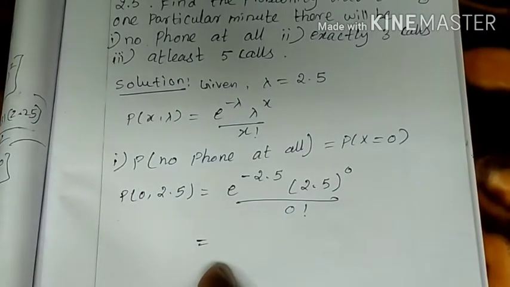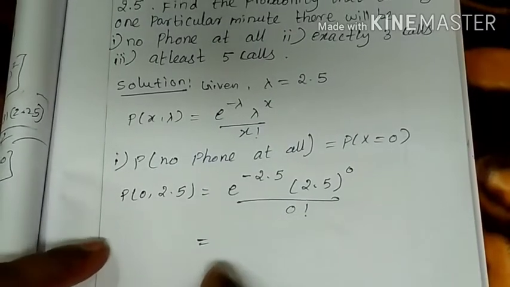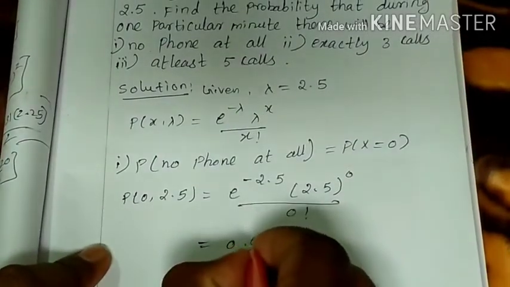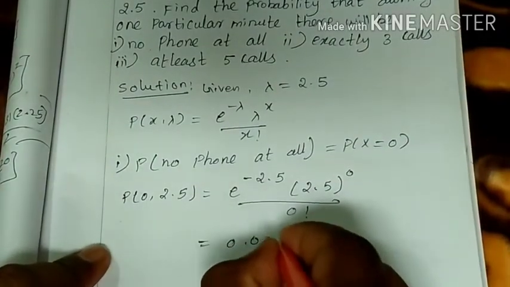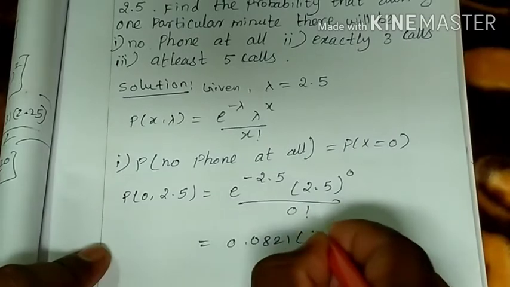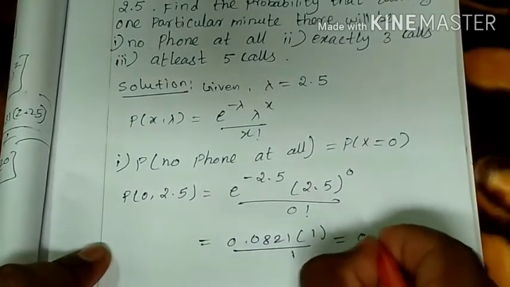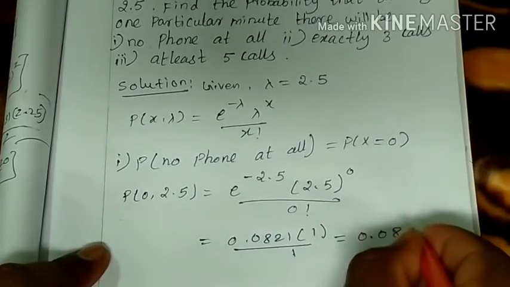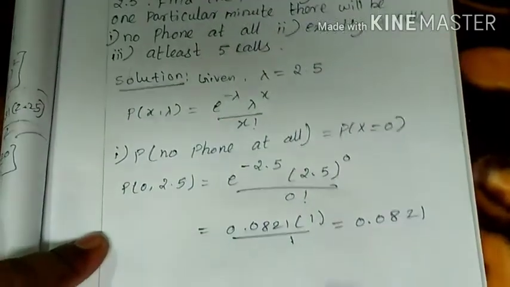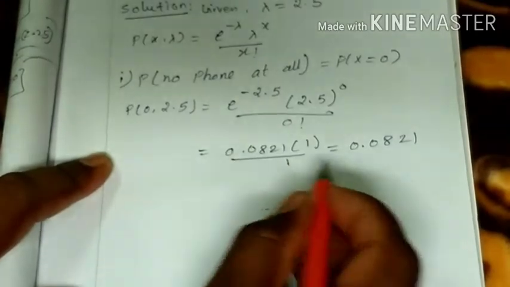Already explained how to find the e power value: shift and ln, power minus 2.5. This is equal to 0.0821. Any number power 0 is 1, divided by 0 factorial is 1. So it is equal to 0.0821. That's all your answer. Have you understood the first question answer?